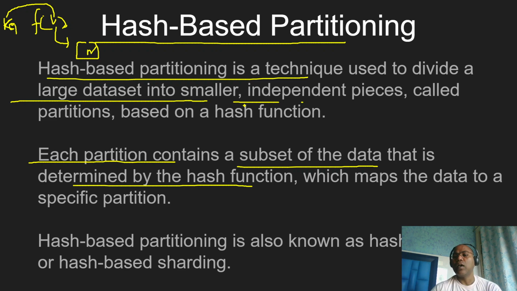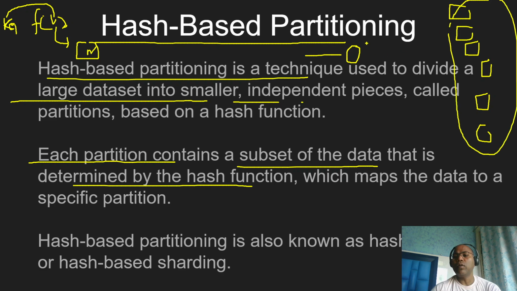Let's say you have decided to store data in 10 partitions. Whatever data comes, I apply the hash function, with 10 partitions. We convert the data into a number and take modulo 10, and it returns one number. That tells you which partition to use.